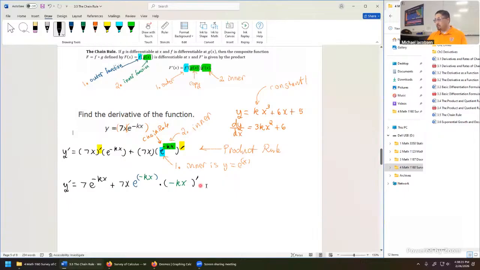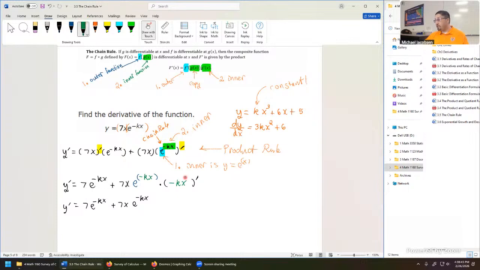Okay, so here's, looks like probably the last line on this, depending on where we decide to stop algebraically. Y prime is, I'm going to copy all the way up to where the red dot is here. 7 e power negative kx plus 7x, e to the power, I'll drop parentheses, but no harm if you decide to keep them in, negative kx here.